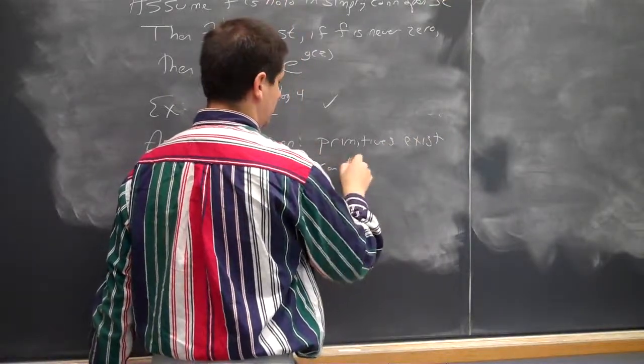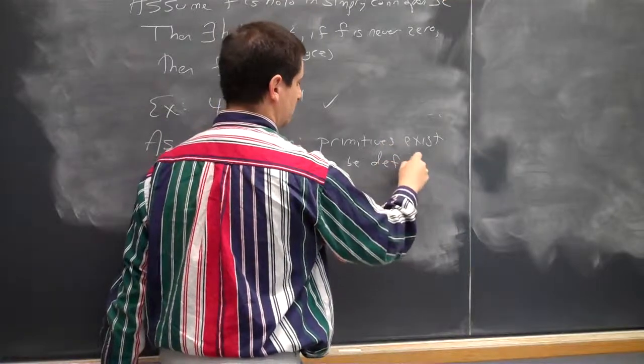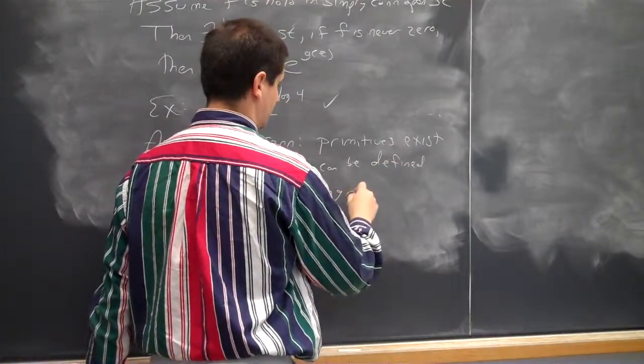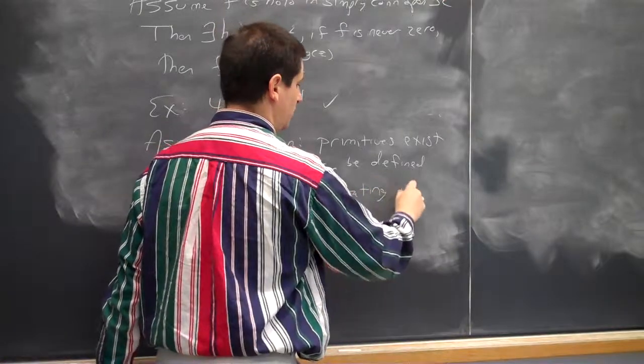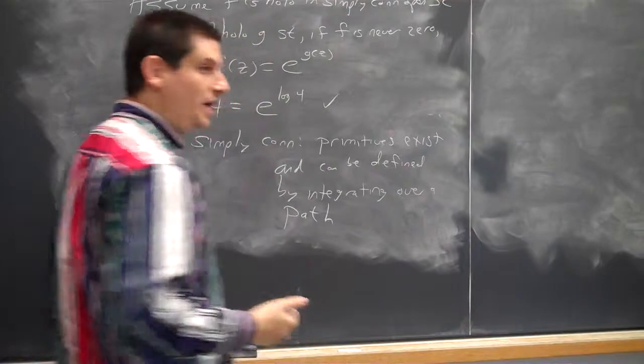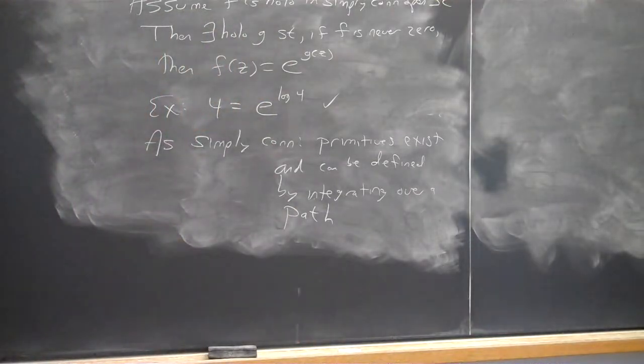And can be defined by integrating over a path. So the hardest part now is to figure out, well, what path do we want to integrate over? There are so many different possibilities.